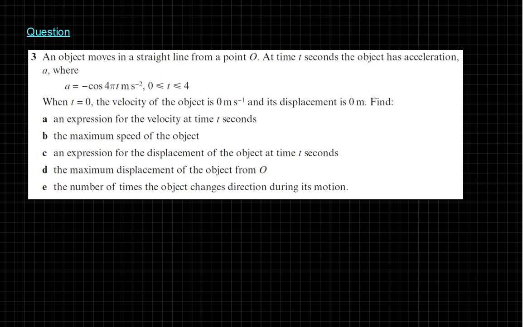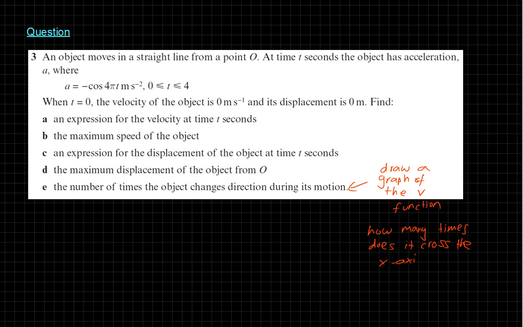So I definitely recommend for E to draw a graph of the V function, the velocity function, and then check how many times does it go from positive to negative, which is the same thing as saying how many times does it cross the x-axis, right?